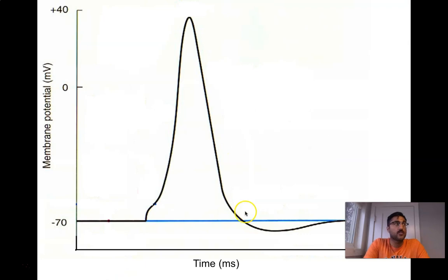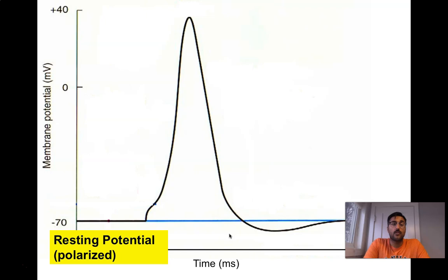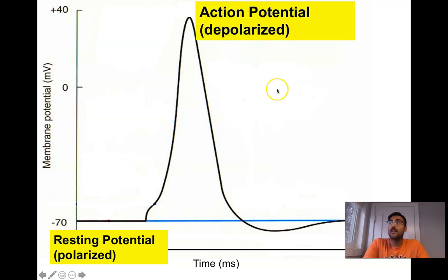So here's a bigger version of this graph. When we look at this, we see that at this point we've got resting potential. At this point, we say that the neuron is polarized. And then up here, we have an action potential where we have now depolarized our neuron.